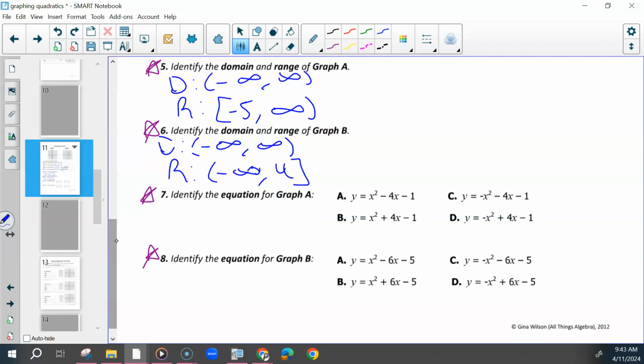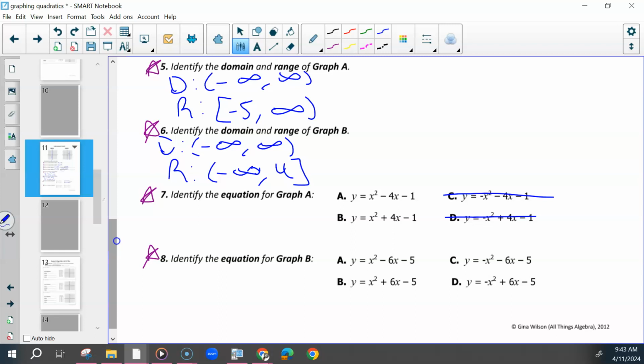Right, and then the last thing, to identify the equations, well, we know graph A faces up, so we can eliminate which two equations? C and D. And then if we were to guess, which one do we think this is, A or B? We're going to check it, so it doesn't matter.